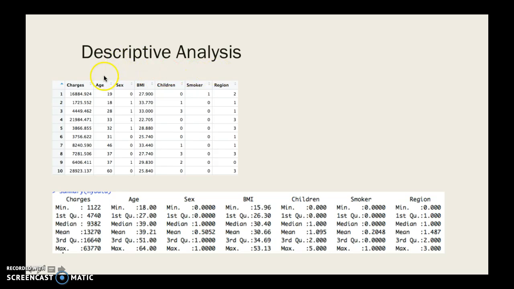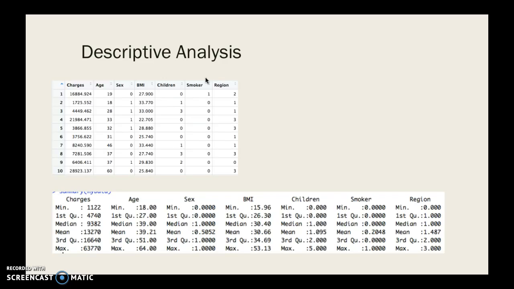So we've got age, sex or gender, where 0 is female, 1 is male. We've got BMI, body mass index, a continuous variable there. Number of children, smoker, where 0 is no, 1 is yes, and then region, which goes from 0 to 3.